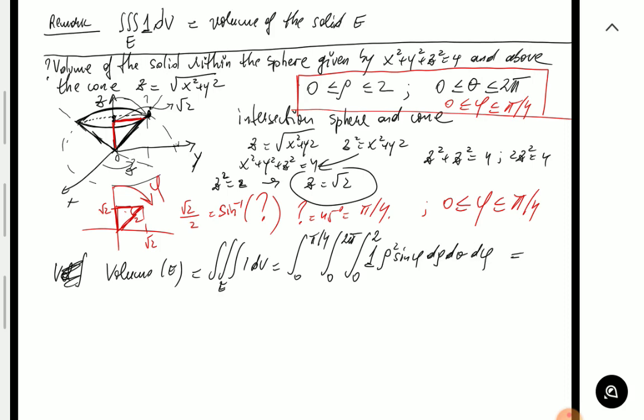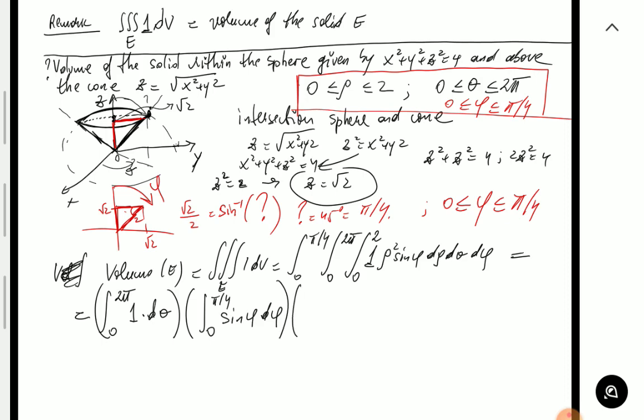Once again, this splits into a product of three integrals. Theta doesn't appear anywhere, so the integral in theta is just 1 d theta. The one in phi is the integral from 0 to pi over 4 of sine of phi.